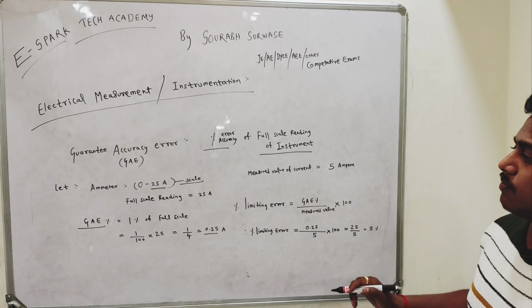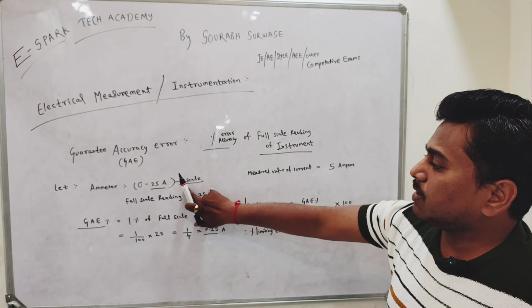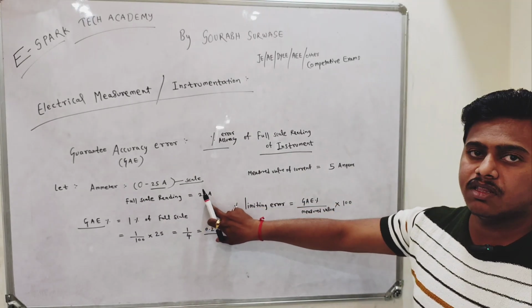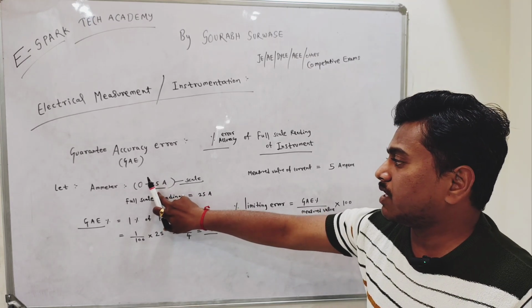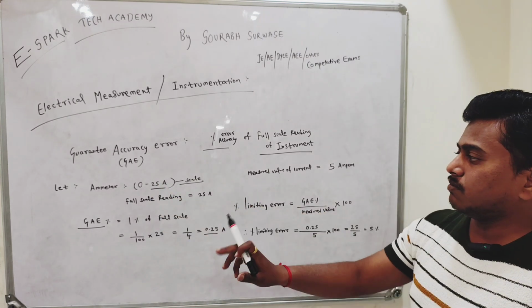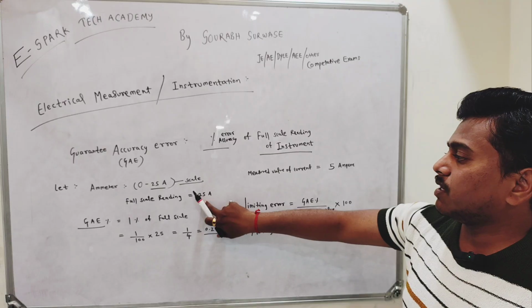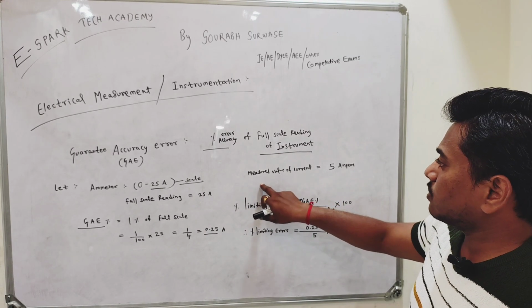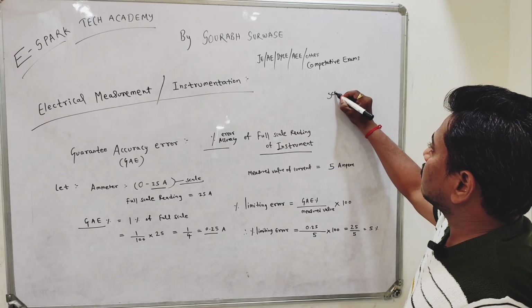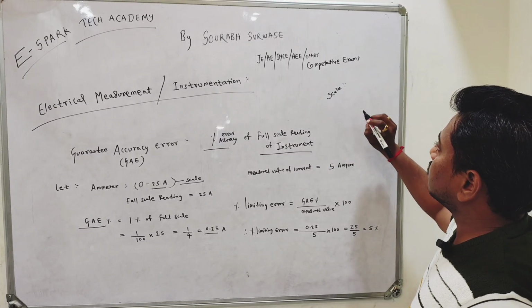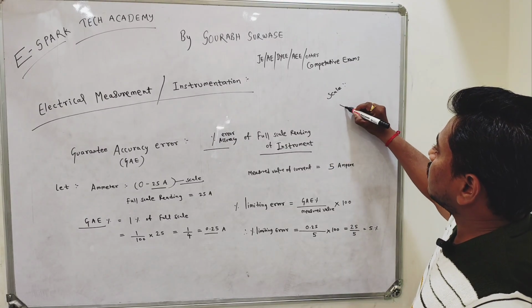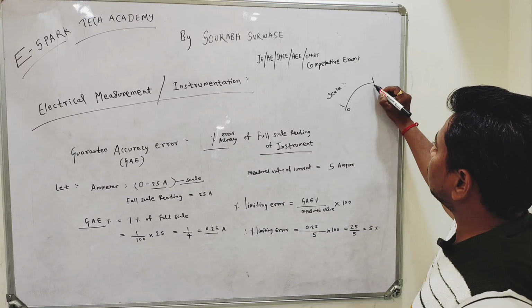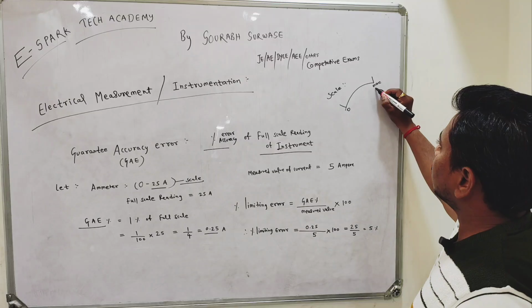What will be given is that the scale will be given. From the scale you have to find the full scale reading. Full scale reading is nothing but the final maximum value of that scale. If you want to remember the scale, scales are like this: this will be 0 and this will be the max value, whatever it may be.